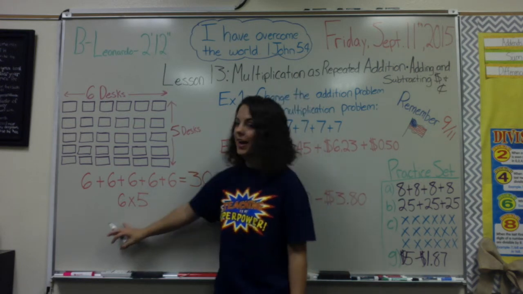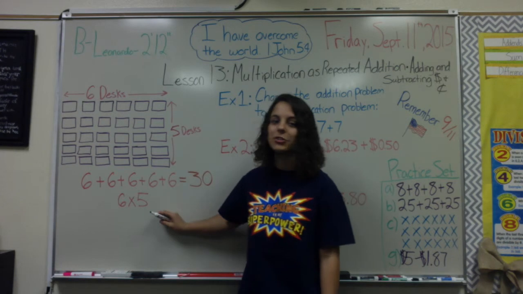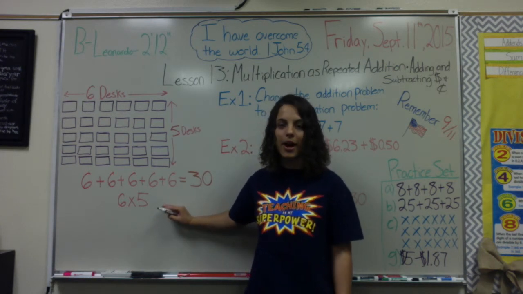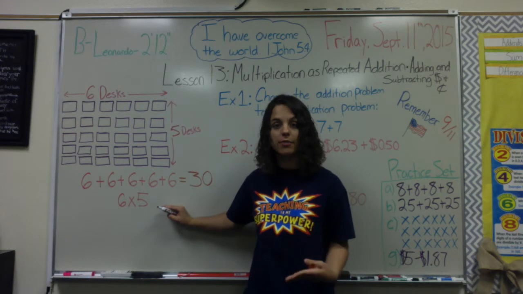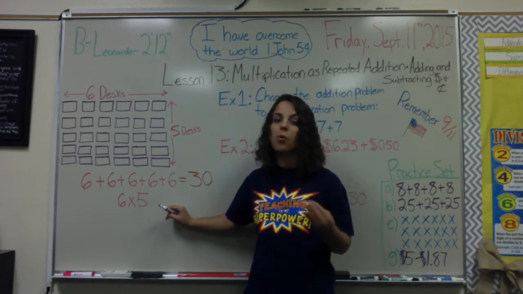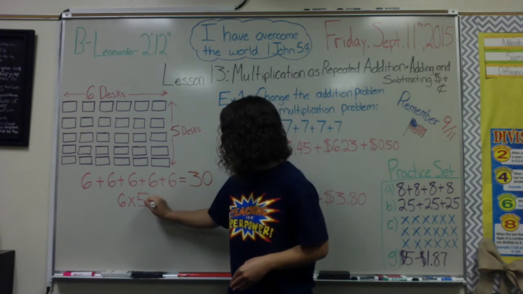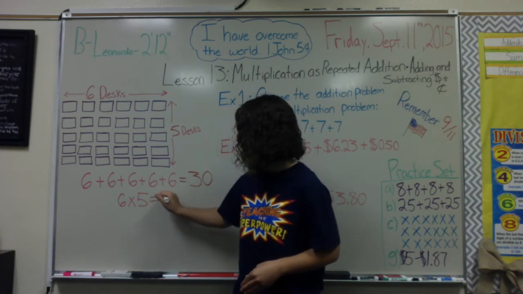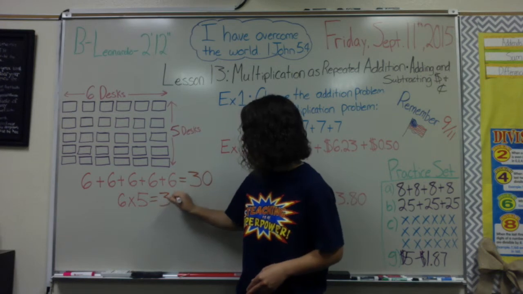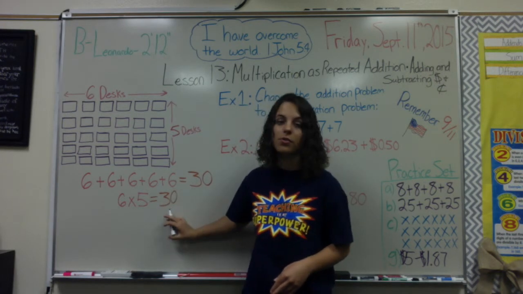So we're going to go ahead and just simplify it to create 6 times 5. Now most of you have your multiplication facts memorized, and you should certainly by now, or be able to continue practicing them. So when I do 6 times 5, my product, or the answer, is also 30.